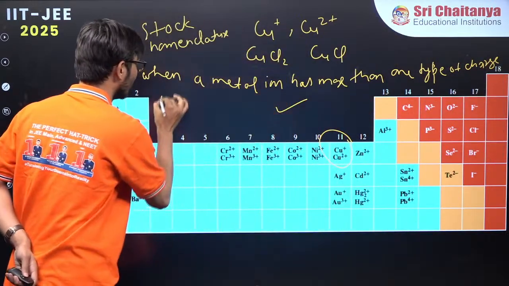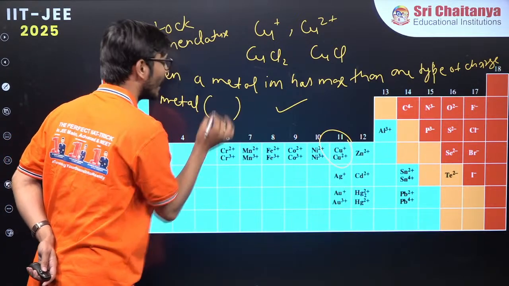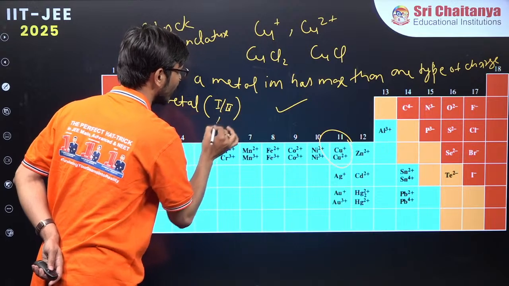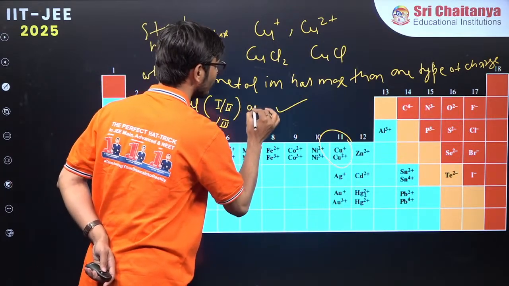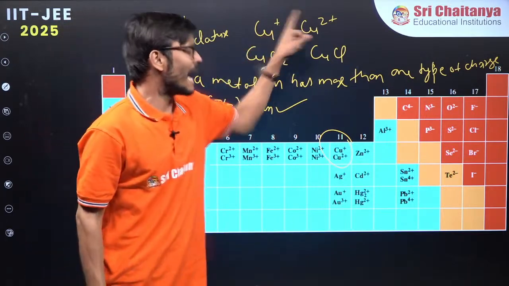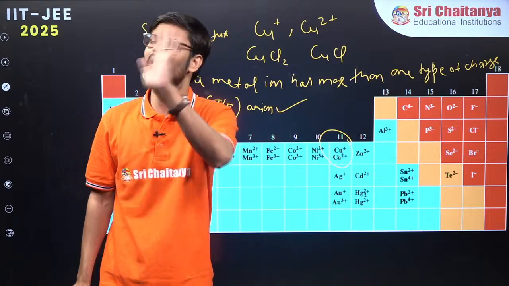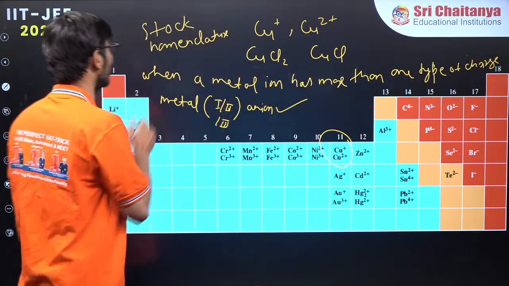We write the metal name, and then in brackets we write Roman numerals, for example 1, 2, 3 like this. And then we write the anion. That is how we write. So whenever there is a metal ion which has more than one charge, cuprous, cupric, I'm coming to that, beta ji, don't worry. First, understand what is stock nomenclature.